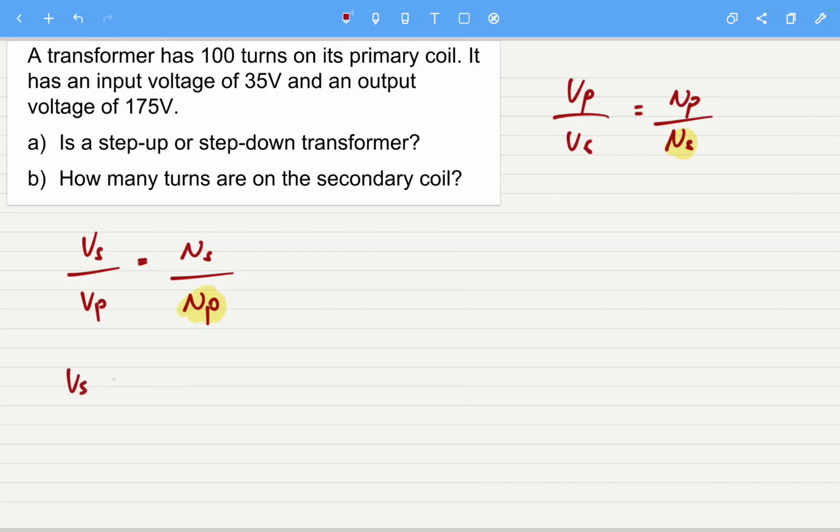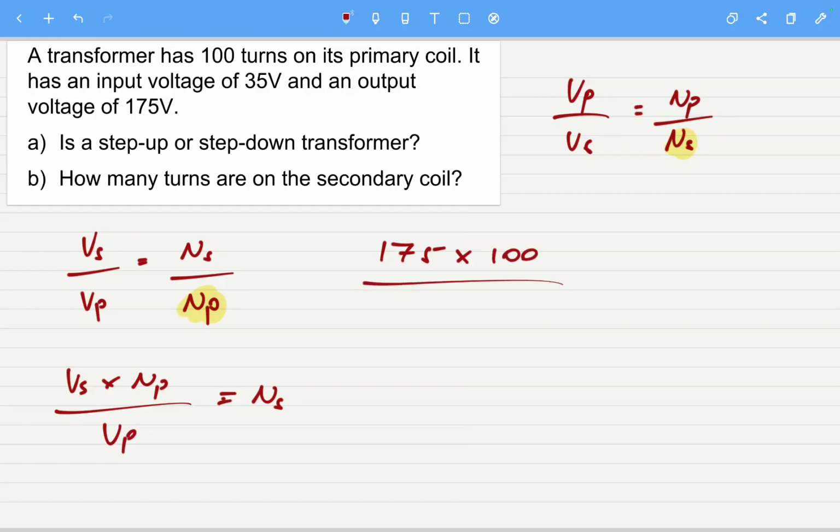So voltage secondary times number of turns on the primary coil divided by voltage on the primary coil will give us number of turns on the secondary coil. That's 175 times 100, divided by 35 volts. That gives us 500 turns. Okay, hopefully that's all right.